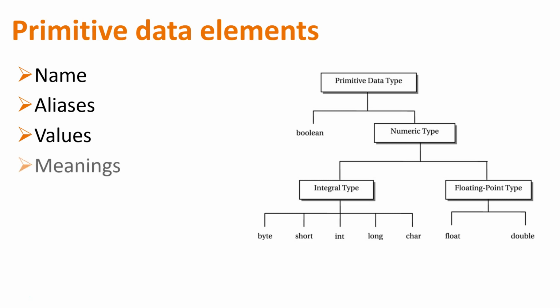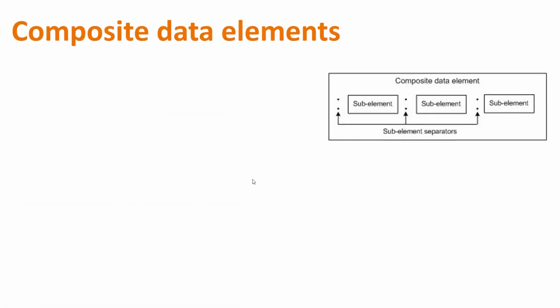What are the meanings of it? What does the organization think it means? And a small description. Some other elements you might want to know are the type of data, like see right here. You might want to know the accuracy, is it unique, is it required. All of those things are primitive data elements.